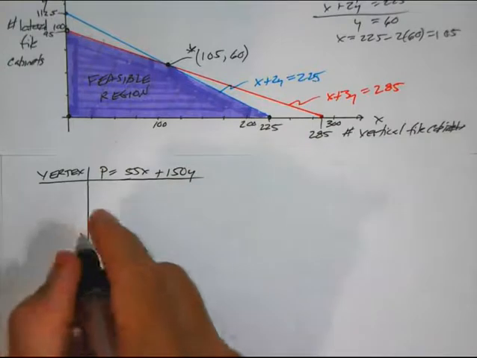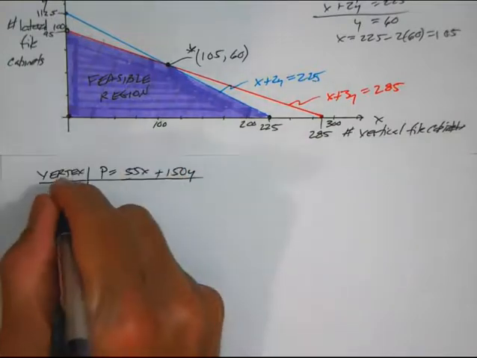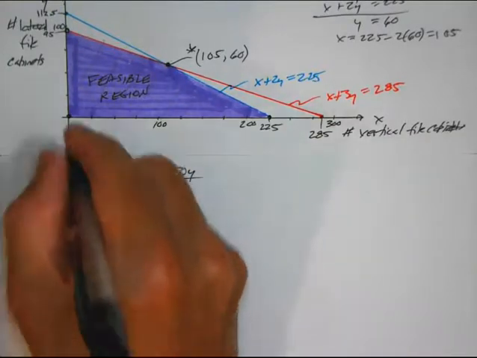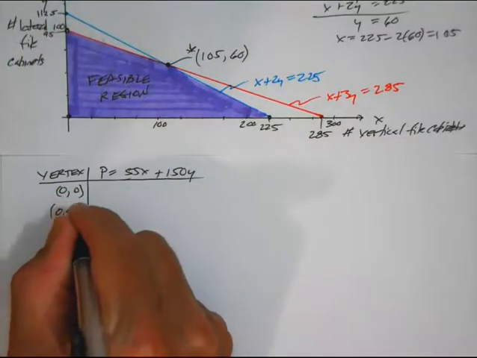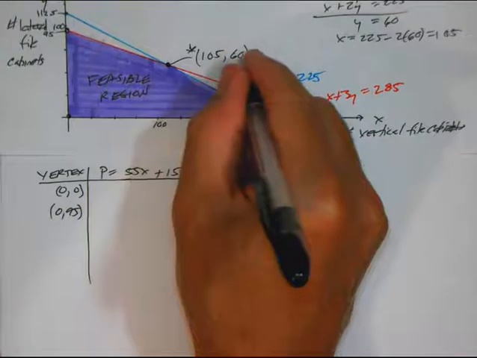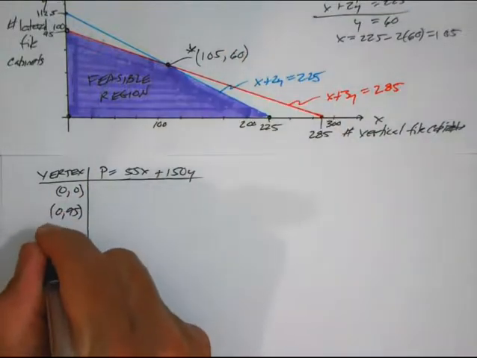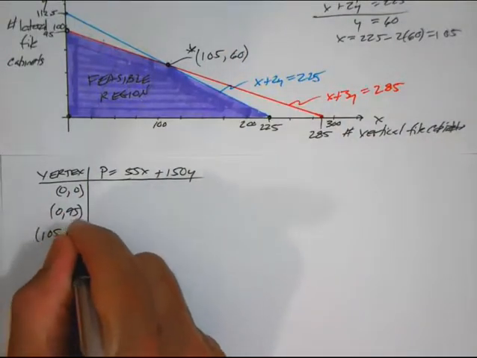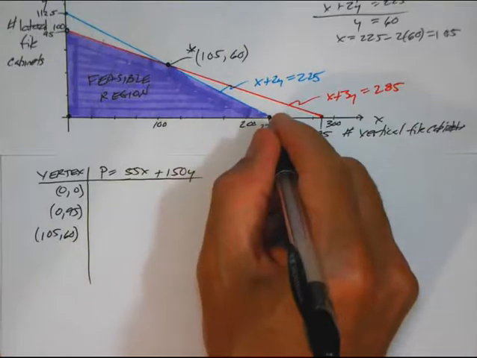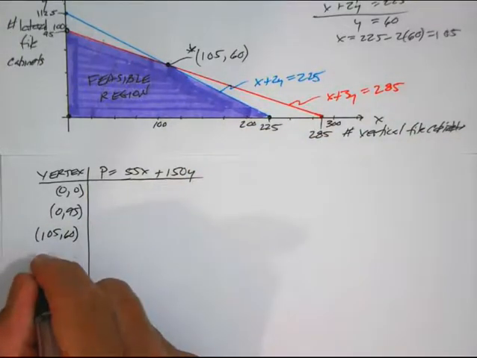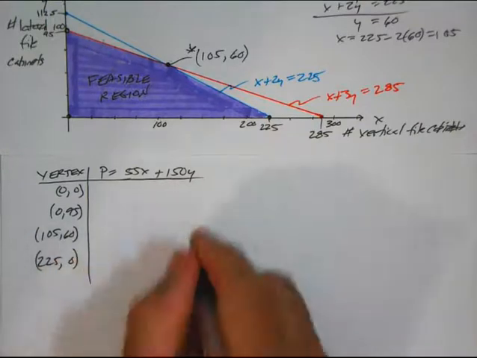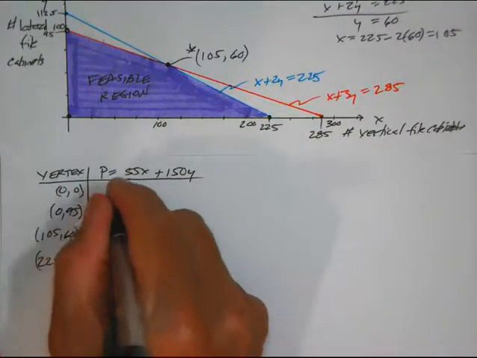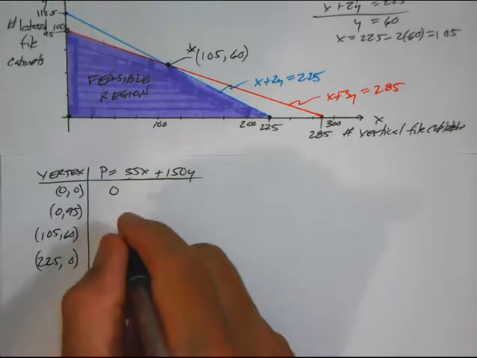Okay, for vertices we've got 0, 0, we've got 0, 95, we have 105, 60, and we have 225, 0. Okay, well, this one, of course, is 0. That's probably our minimum profit.